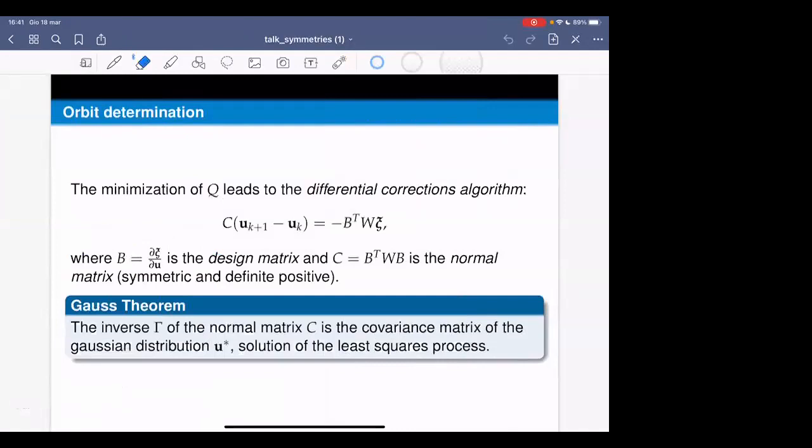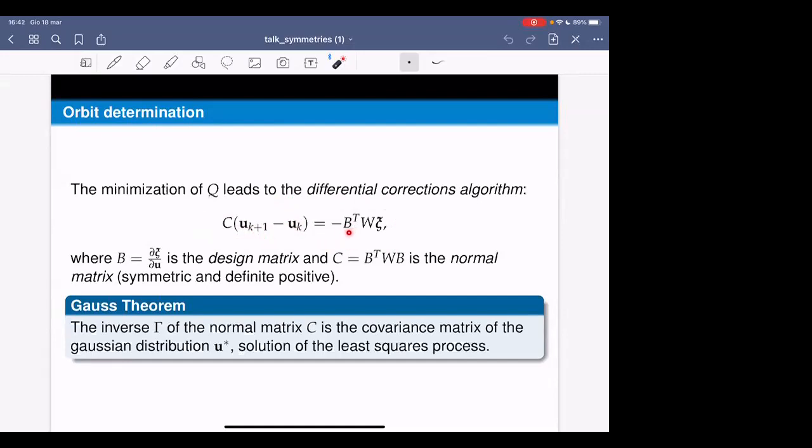The minimization of Q, the target function, leads to the differential corrections algorithm, which is an iterative procedure that leads to the solution. At each step of the procedure, we compute a vector u_{k+1}, which is an approximation of the solution, by solving this linear system of equations.